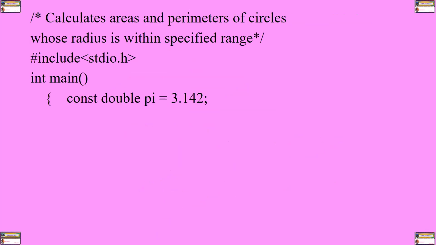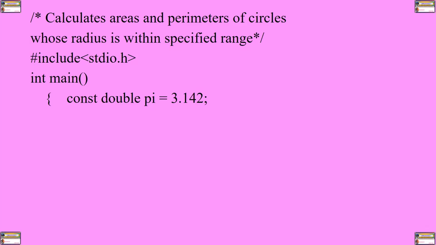And then the first statement is to request the processor to assign the value 3.142 in the memory location called pi, whose content is supposed to be a number with decimal points, that is double, and the value there should not be changing.